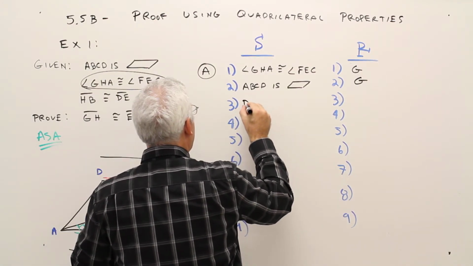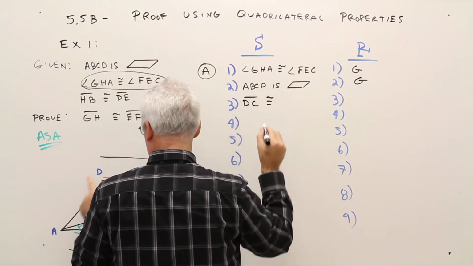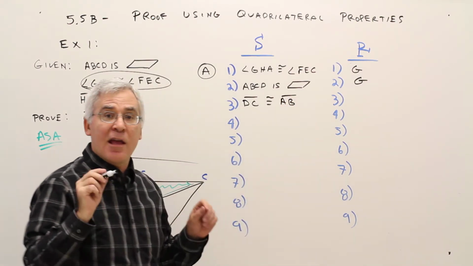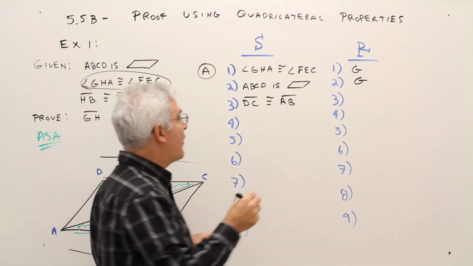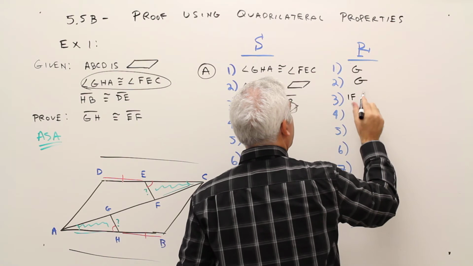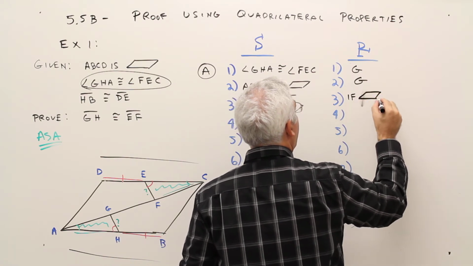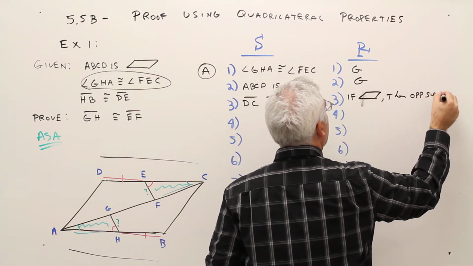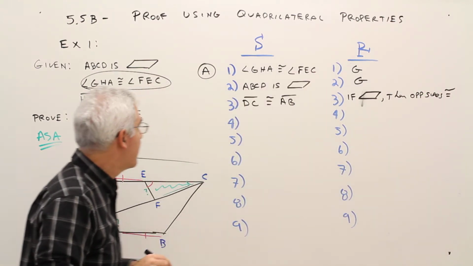So I can say DC is congruent to AB. And I'll say, if parallelogram, then opposite sides are congruent.